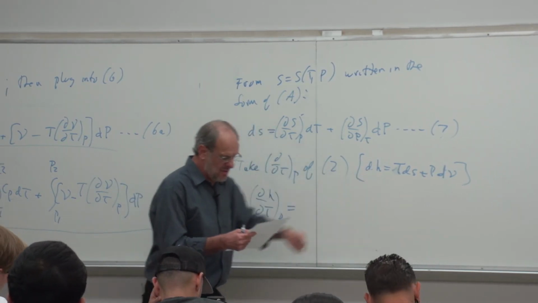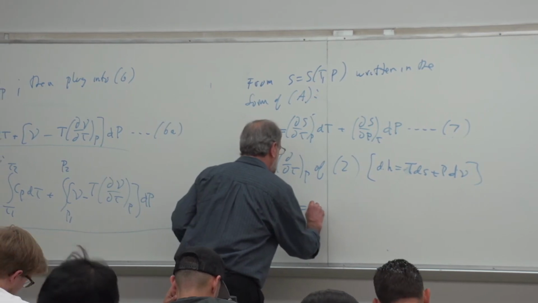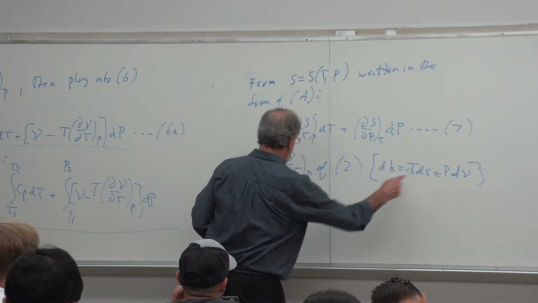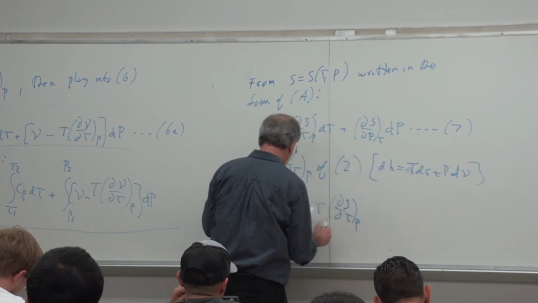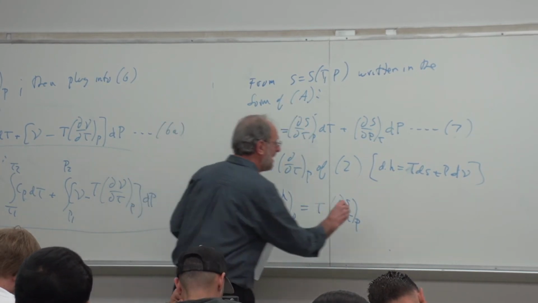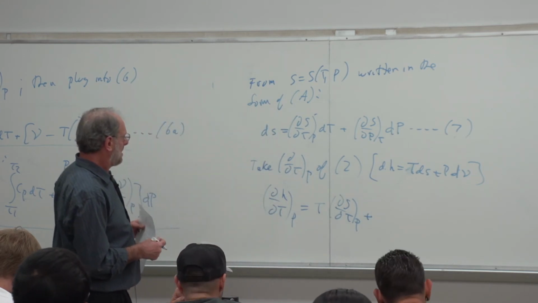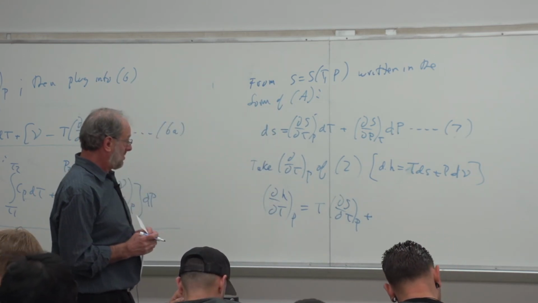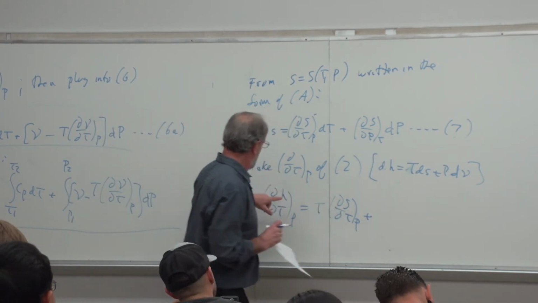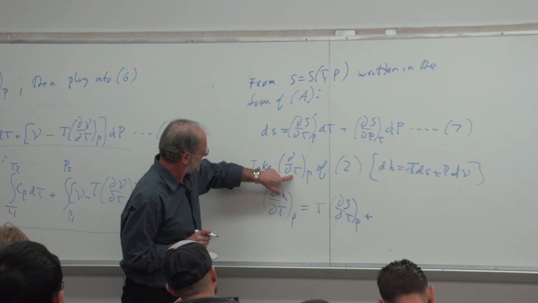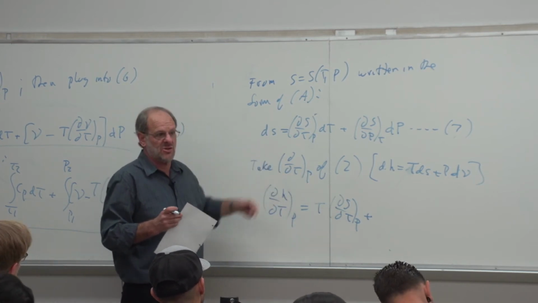And then here I have my second term. So T, and then this would be (∂S/∂T)_P. Okay. And then the last term is just going to be 0. Well, why is that going to be 0? Well, we're taking the partial with respect to T holding P constant. If P is constant, then there's no dP.